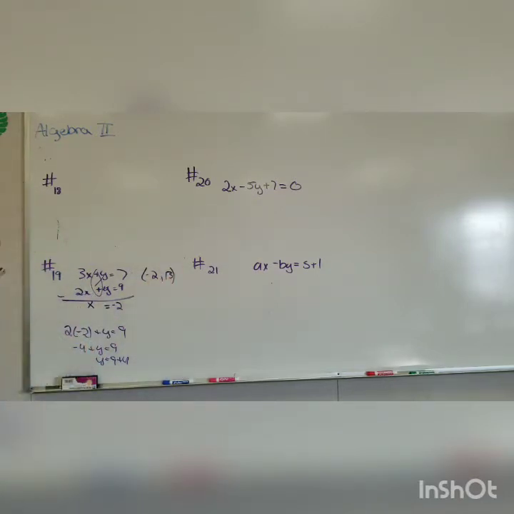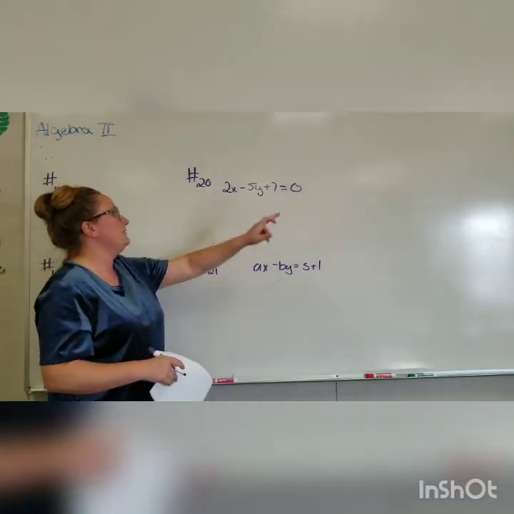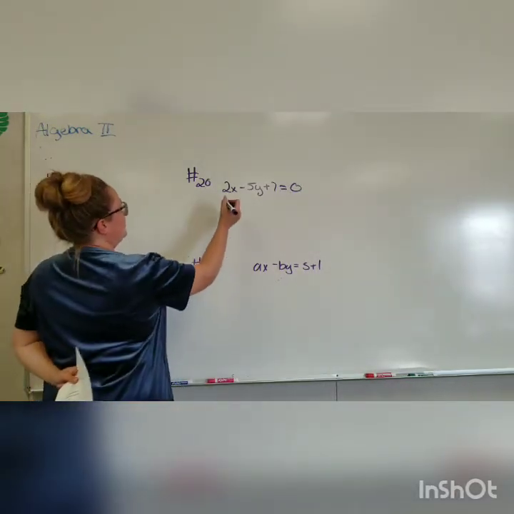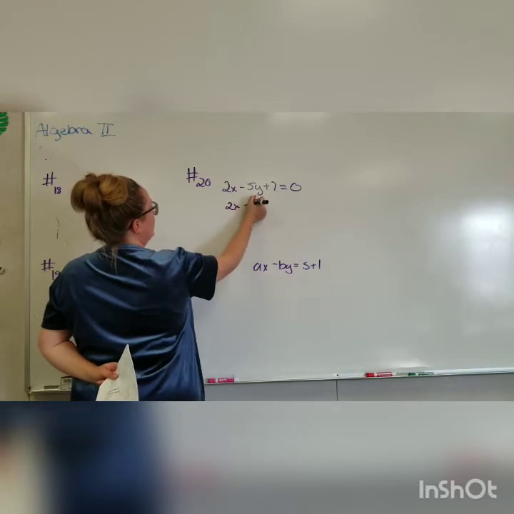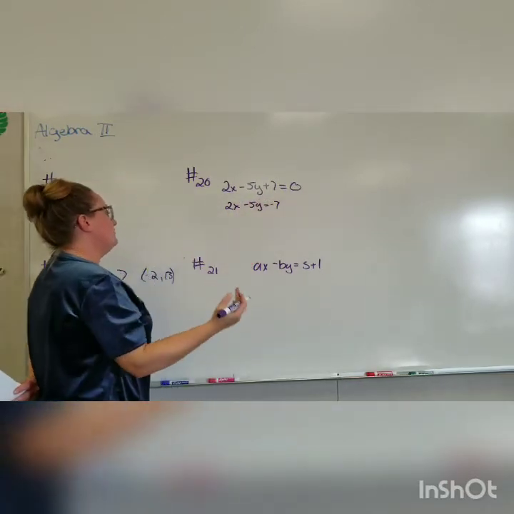All right, number 20. They're going to ask you again for the slope and the y-intercept. They really want to know that you know how to find the slope and the y-intercept from a line. All right, this equation they give you, 2x minus 5y plus 7 equals 0. This line is not quite in standard form because the 7 is still on this side with the x and y. But as soon as you move 7 to the other side, then you have a line in standard form.